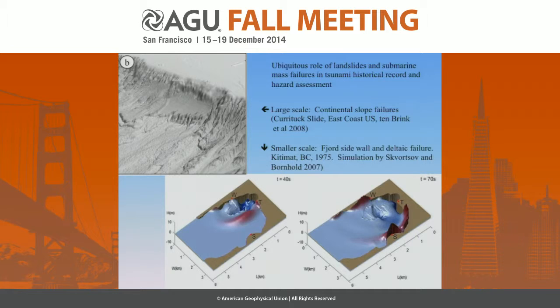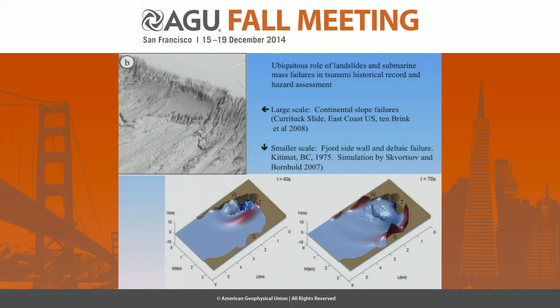Landslides are thought to be important for a wide range of scale of events, running from continental shelf failures such as the Currituck slide on the East Coast, and then down to much larger scale and much more frequent occurrences such as either submarine or subaerial or combinations of the two events in fjords and other steep-walled systems.